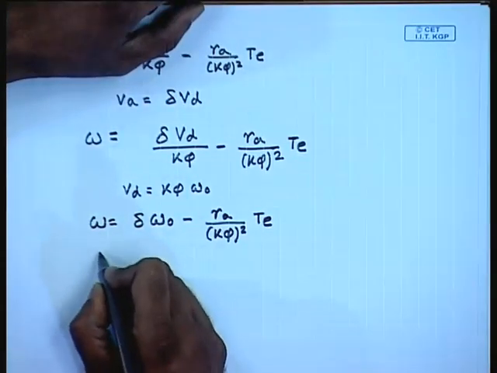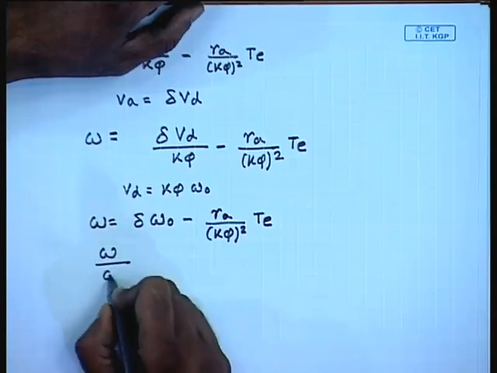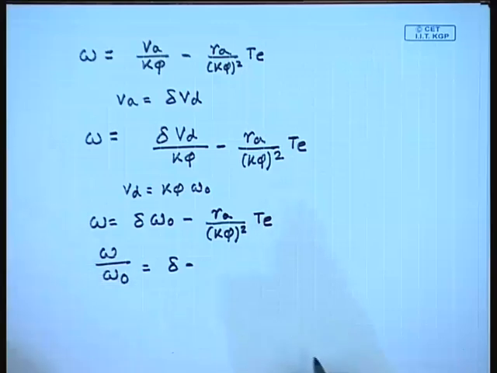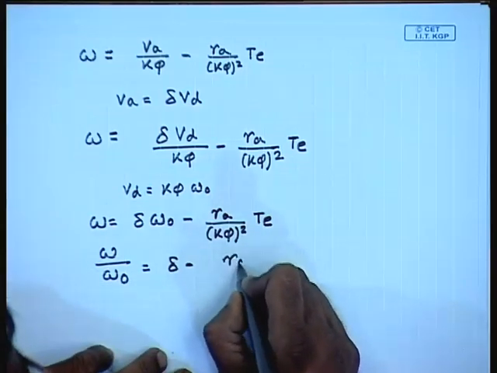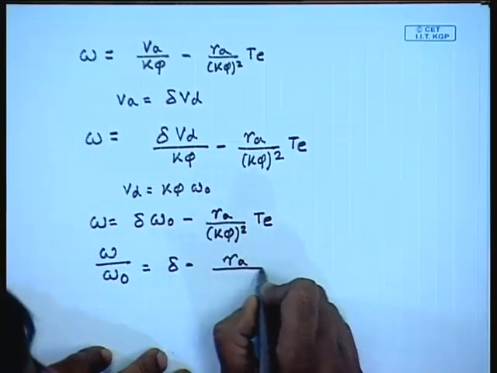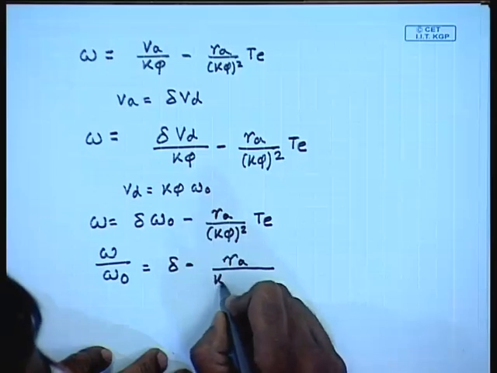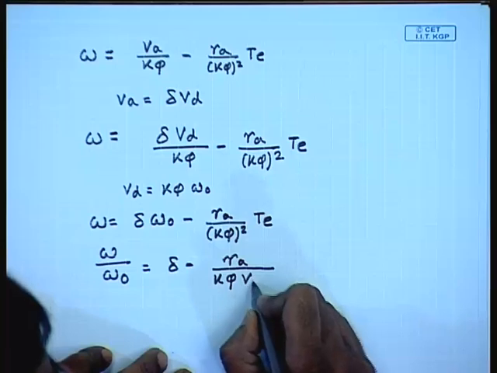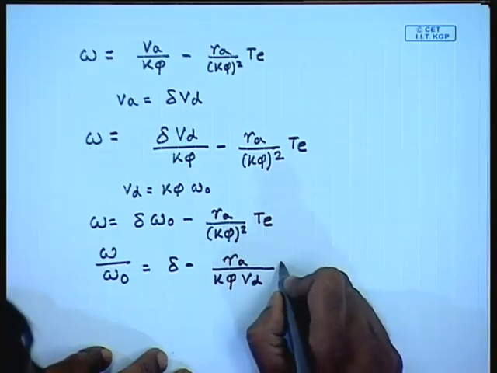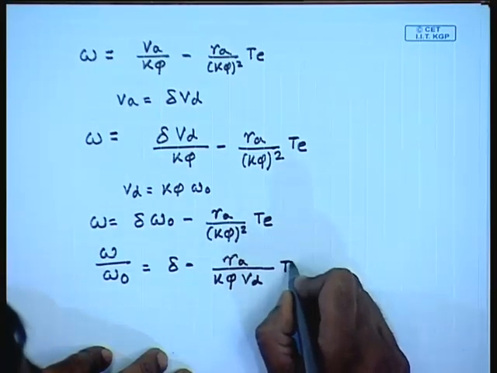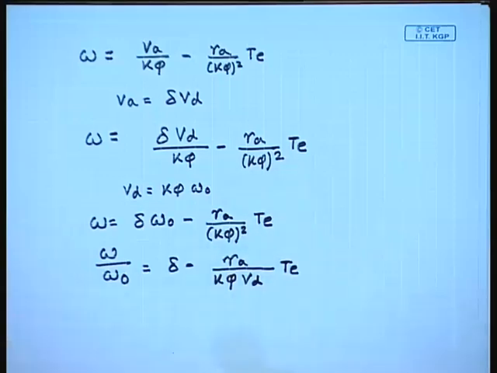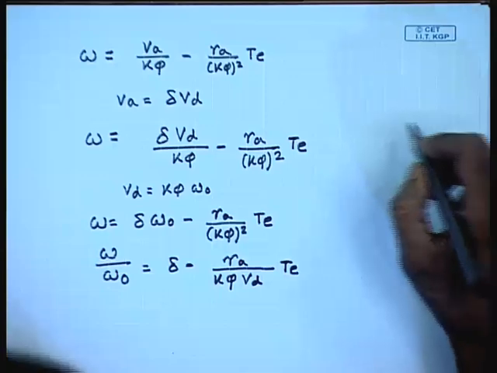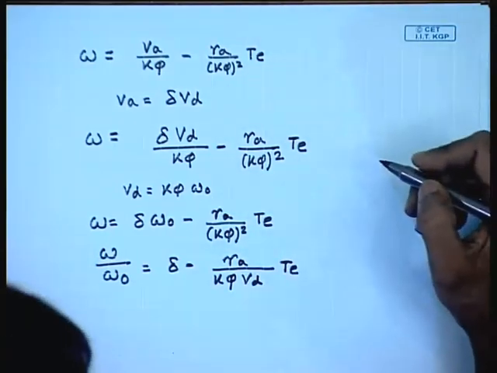Or omega by omega 0 equal to delta minus Ra by K phi Vd into Te. But Vd by Ra is the short circuit, direct online starting current of the DC machine.